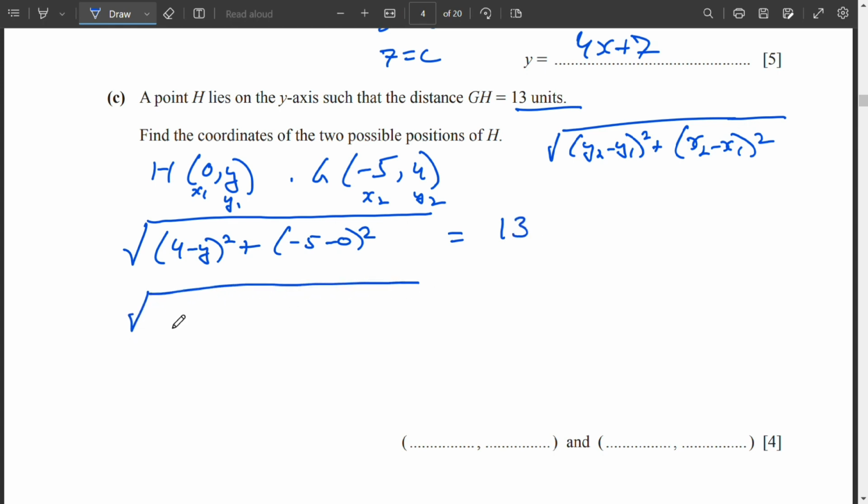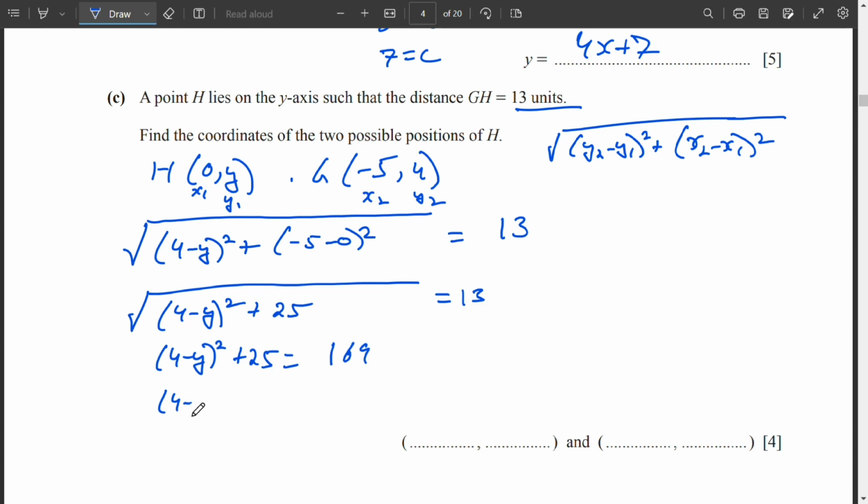So this will be under root 4 minus y whole square. See, this is minus 5 minus 0, which is actually minus 5. And minus 5 whole square becomes plus 25 equals 13. Now you remove the root, squaring both sides. This is plus 25 equals 13 square, which is 169.